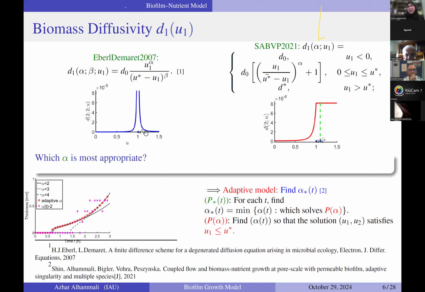But as I mentioned, we have some challenges in dealing with the singularity and the degeneracy, so we adapted or modified this diffusivity. But here we need to choose alpha without needing the Lagrange multiplier. And how to choose this alpha is by the adaptive model.